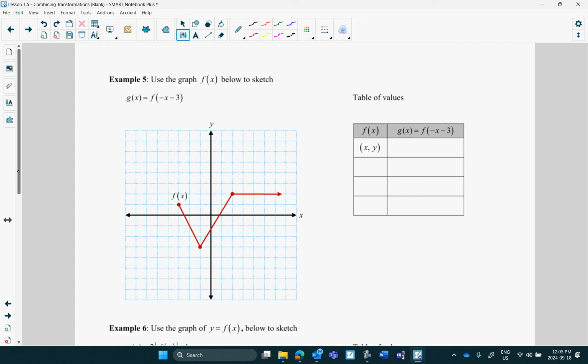But I would like you to take an honest shot at Exercise 1.5, numbers 1 to 4.